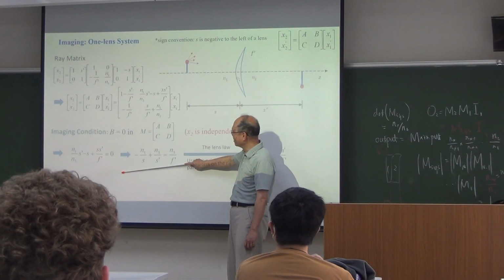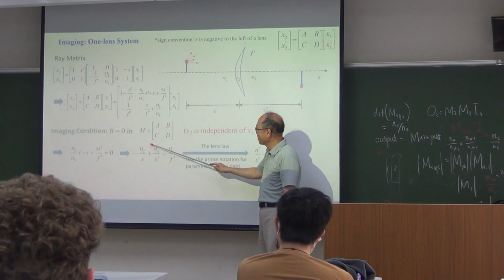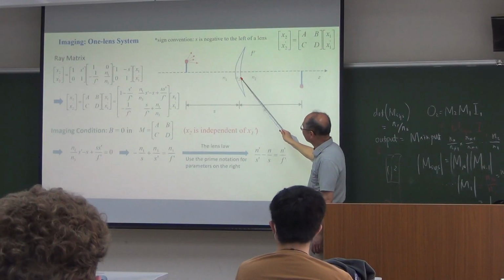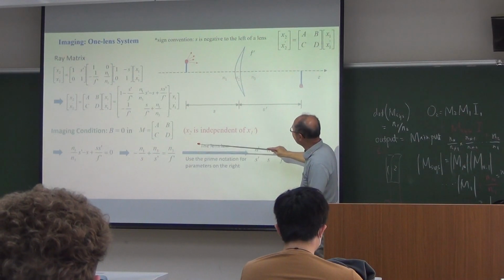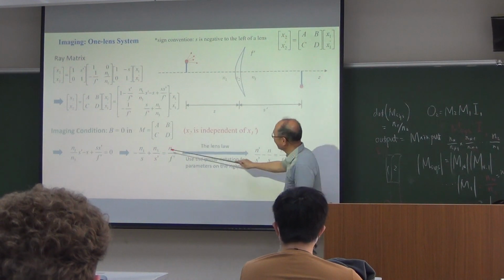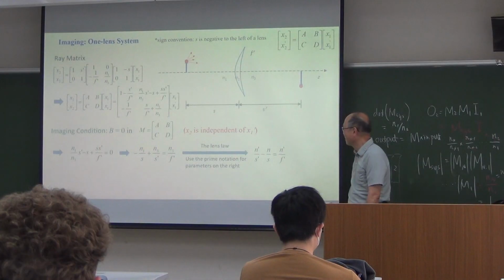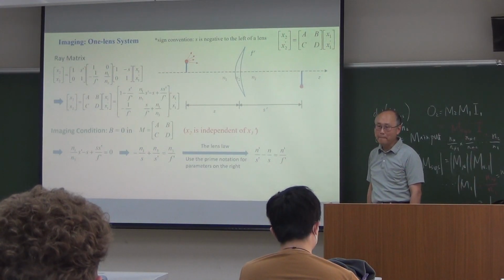When you were in high school, this N1, N2, N3 are just 1. N2 is the focal length. So you have N1, N3 right here. N1, N3 are the same. So you have 1, 1, 1. So this is the lens law you learned a long time ago.